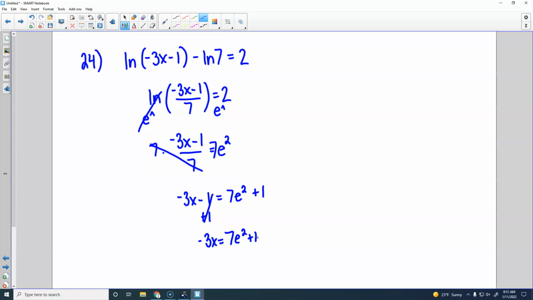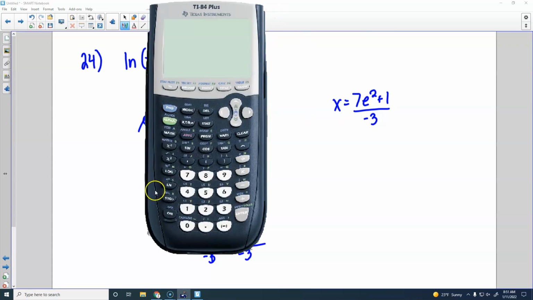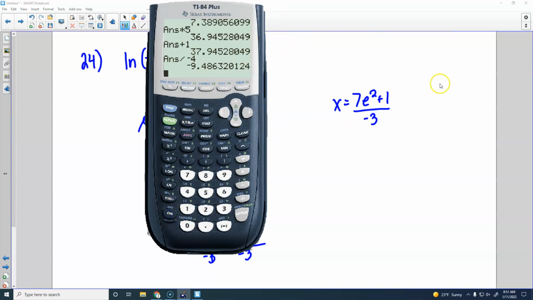And then last step, divide by negative 3. And so you get x equals 7e squared plus 1 over negative 3. That is what the answer key says on the worksheet. But on the quiz, you're going to have to type that into the calculator.